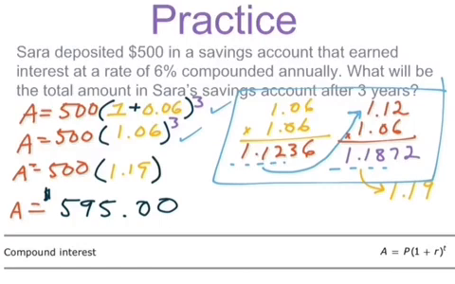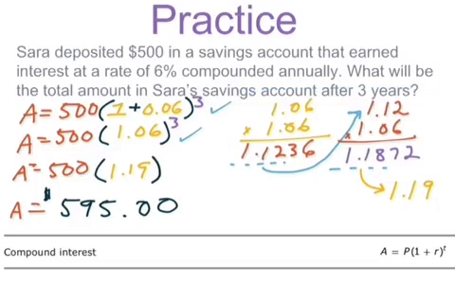That's that whole section. That's the way I did it, and then I did some rounding. To make it all short, I ended up getting 1.19 when I cubed 1.06. And then I multiplied that by 500 to get 595. So what will be the total amount in the savings account at the end of 3 years? $595.